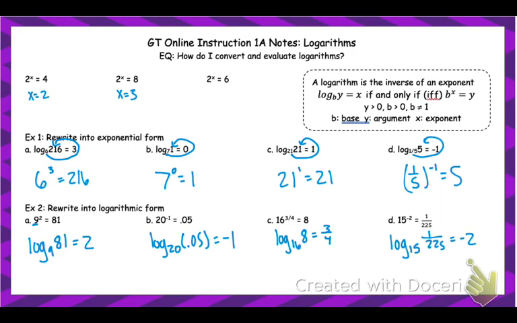So when it comes to rewriting these, again, the biggest thing to remember, the base of the log is the base of the exponent, and those are going to be the same. So let's go back to our original problem now. So now, if I wanted to actually solve for x here, what I could do is I could rewrite this as a log. So this would be log base 2 of 6 is equal to x. And now I can find what that missing exponent is. Now something like this, we would evaluate with a calculator. So part of what we do today will be with a calculator.